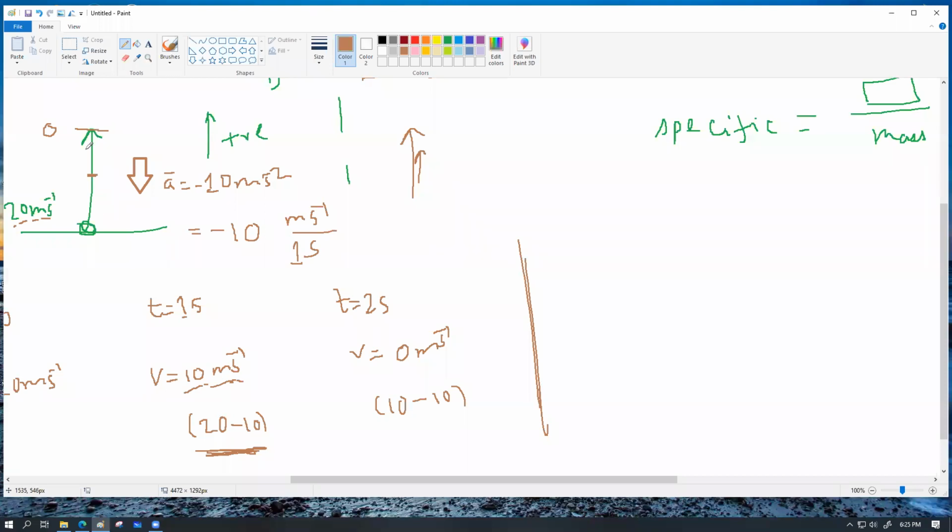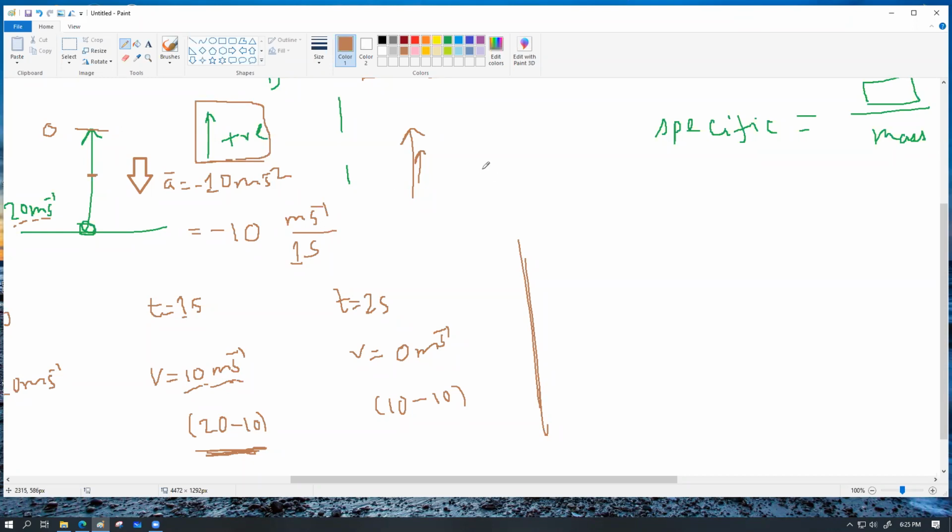Now there is a catch. If the object starts falling downwards, then this velocity and this acceleration are both going to work in the same direction. Now there are two different ways we can approach this problem. One approach is to consider the positive direction of the vector as intact information.